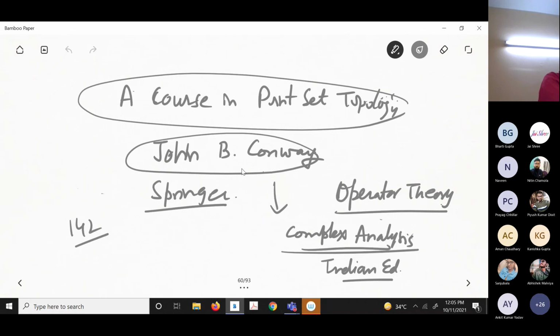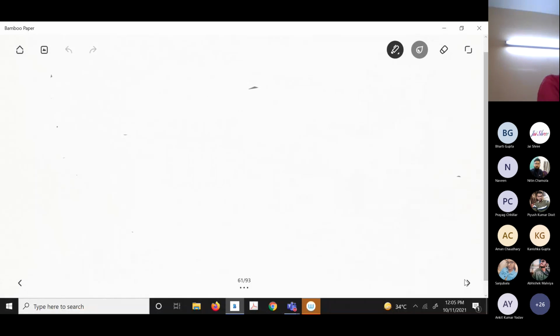So, look at page 134. Theorem 3.3. Look here, I have 4 equivalent conditions.